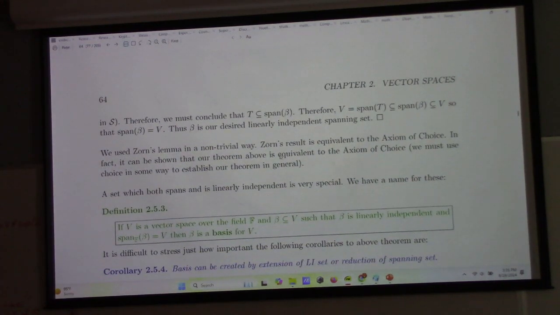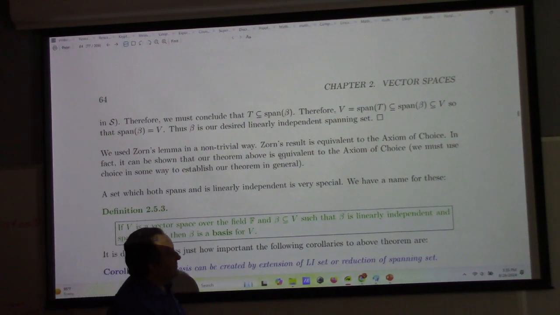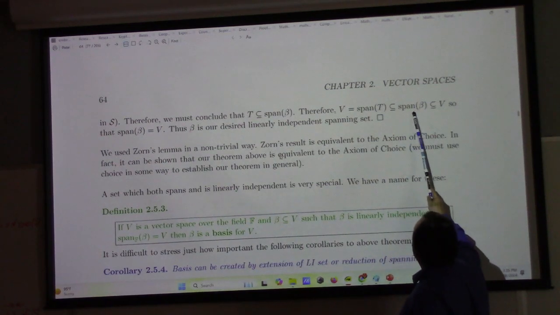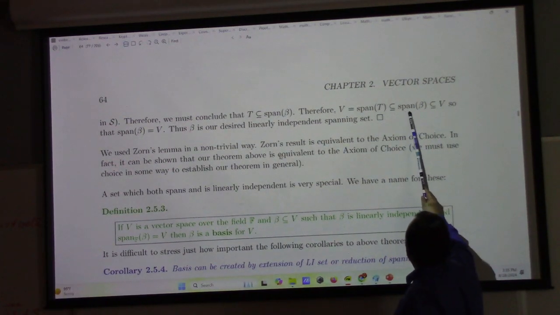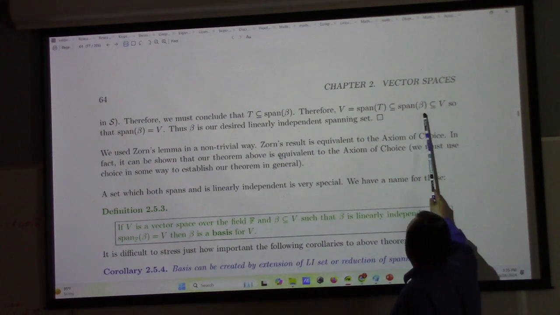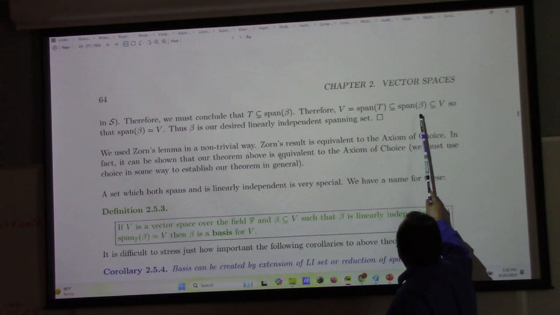Therefore, we must conclude that T is a subset of the span of beta, and consequently V is equal to the span of T, which is a subset of the span of beta, which is a subset of V because this is a linear combination of vectors in V, which is necessarily a subset of V because V is a vector space.